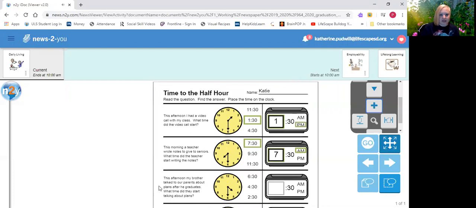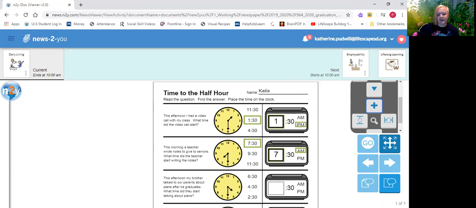We'll try to do this one together. This afternoon, my brother talked to our parents about plans after he graduates. What time did they start talking about plans? Which hand do we look at first? That's right, the shorthand. And the shorthand is between the 4 and the 5. So we know that it is going to be 4.